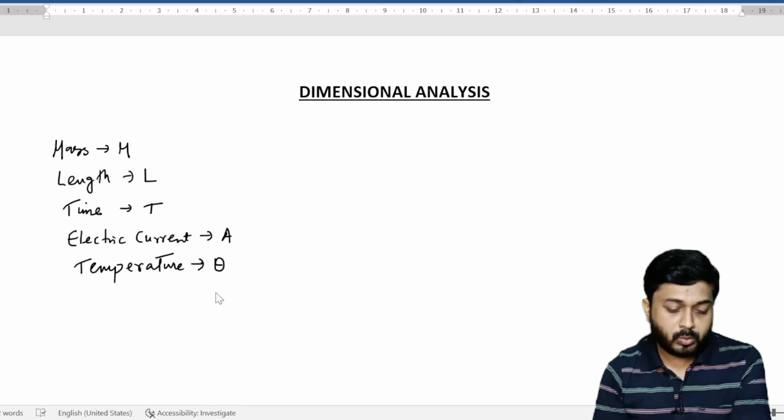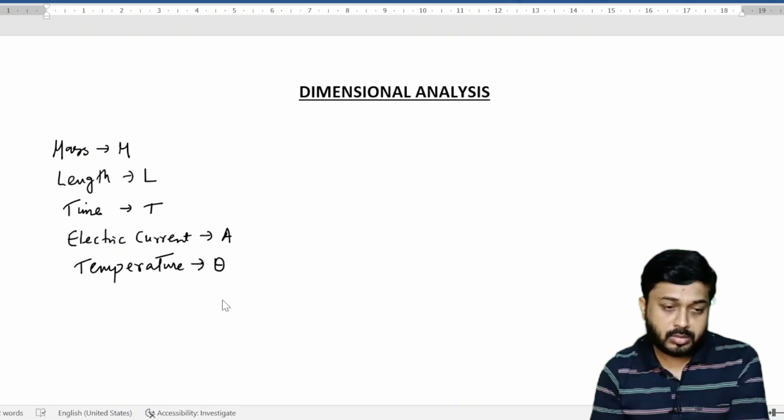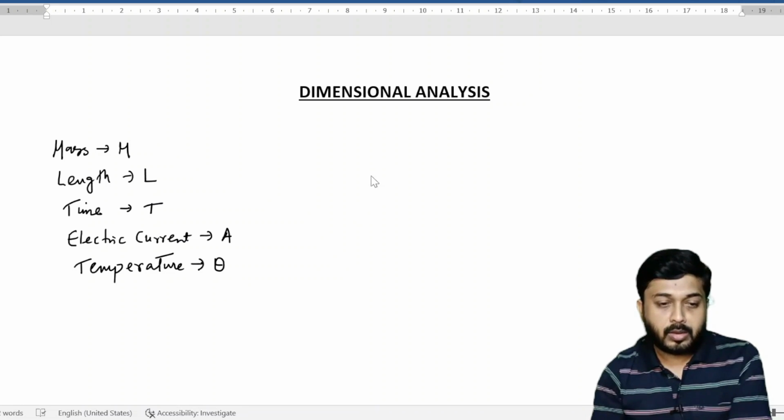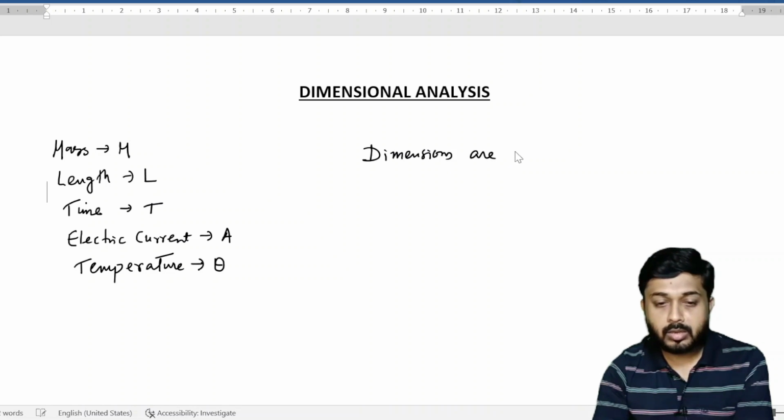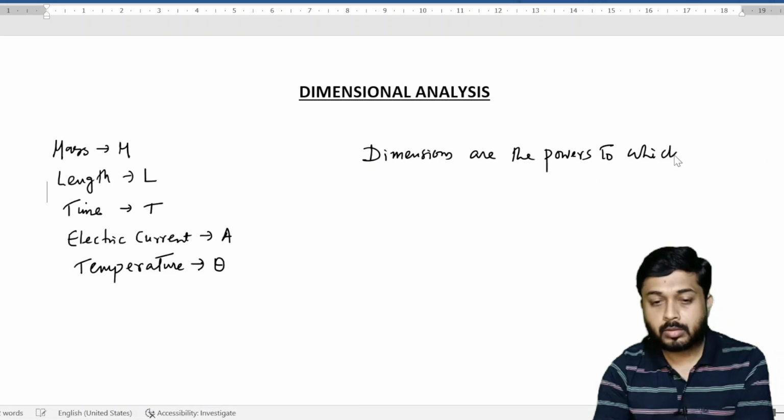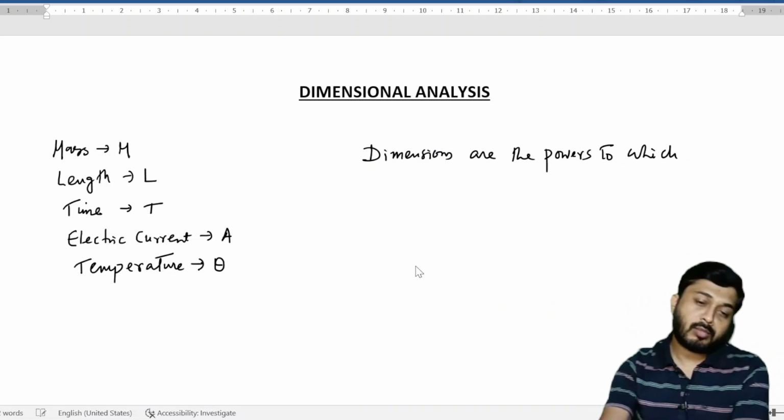Now I tell you what dimensions are actually. Dimensions are the powers. Have a look at the definition of dimensions.